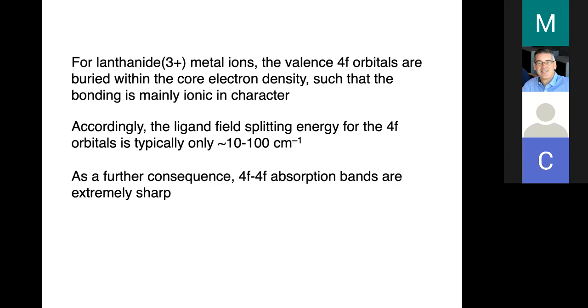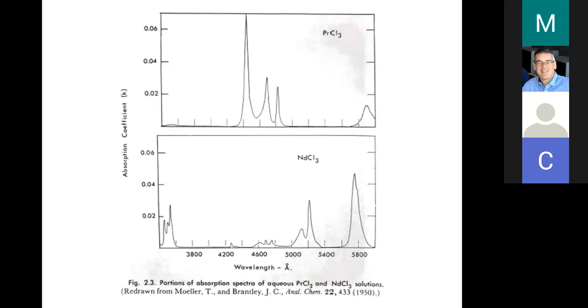And so 4f absorption bands are extremely sharp compared to transition metal d-d absorption bands. Here you see some examples. These are absorption spectra for aqueous solutions containing praseodymium 3+ in its hydrated form at the top, and neodymium 3+ in its aquated form at the bottom.